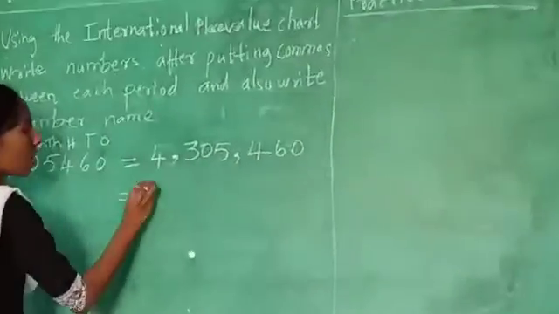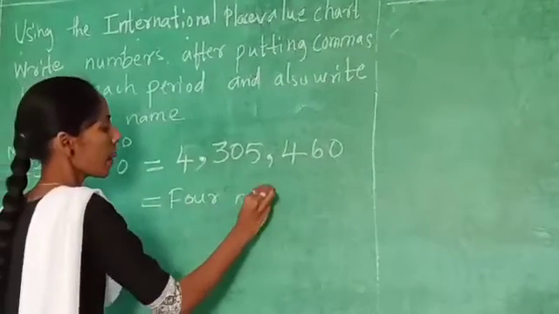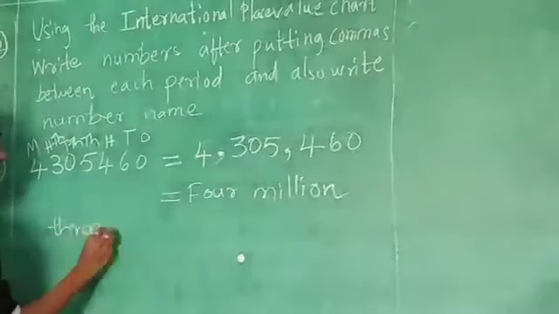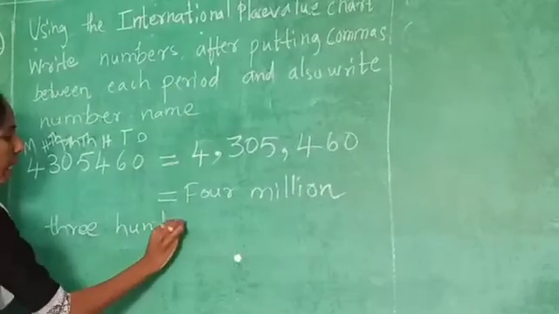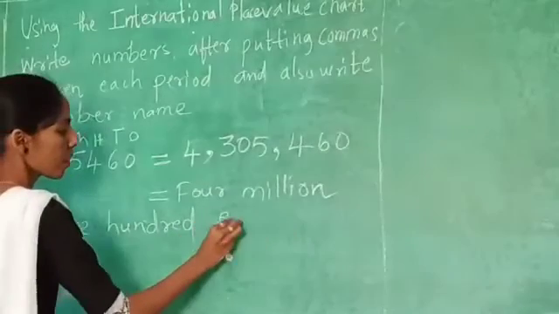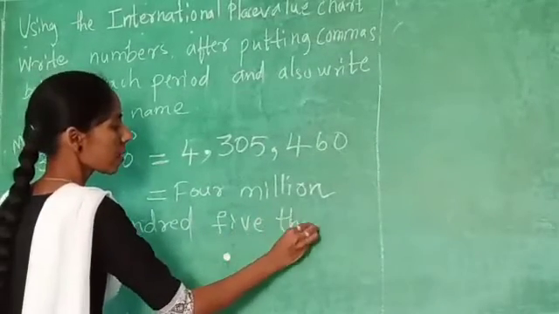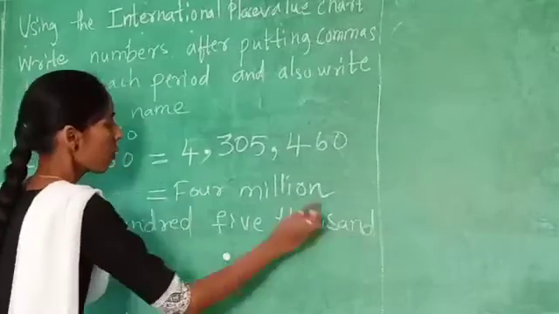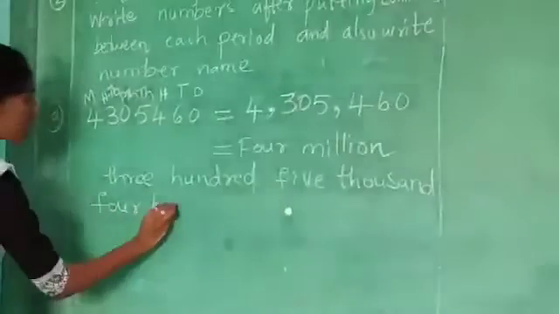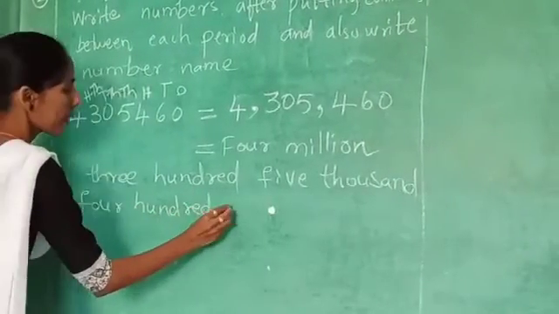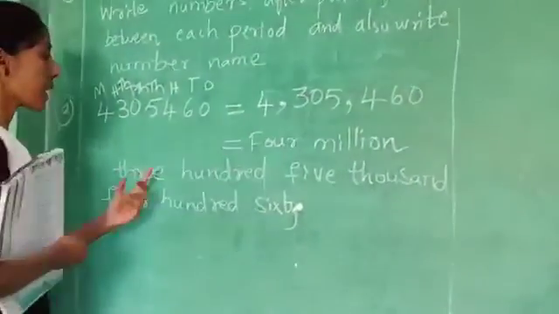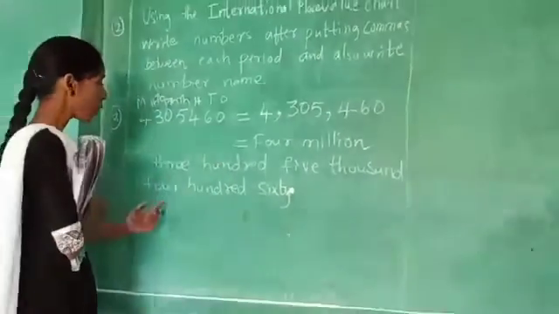Now write the number name here. Four million, then three hundred, five thousand, four hundred sixty. So: 4 million, 300, 5,000, four hundred sixty.